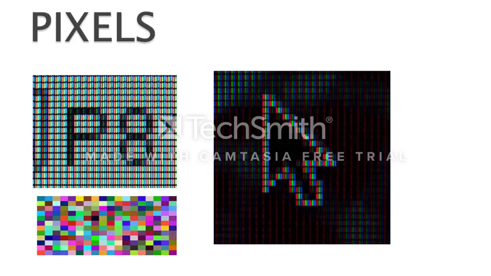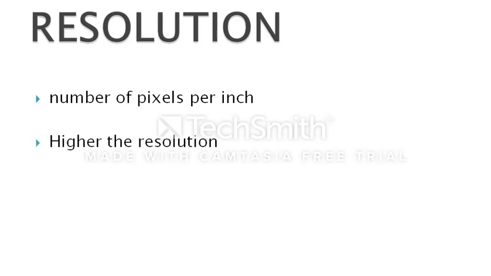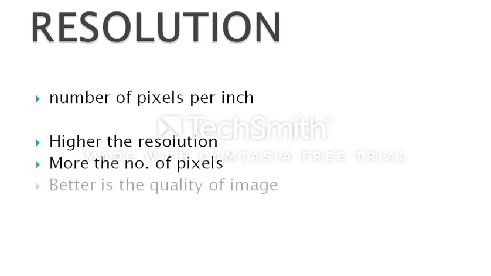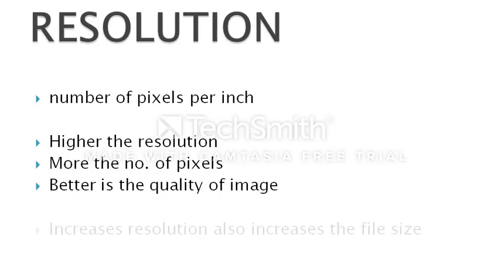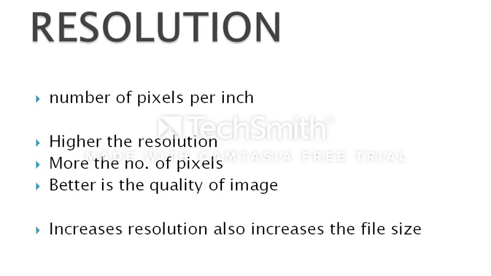Every image has a resolution, which is measured in terms of number of pixels per inch. Higher the resolution, that is, more the number of pixels, better is the quality of the image. Increasing resolution also increases the file size.